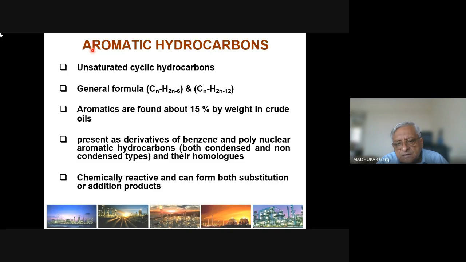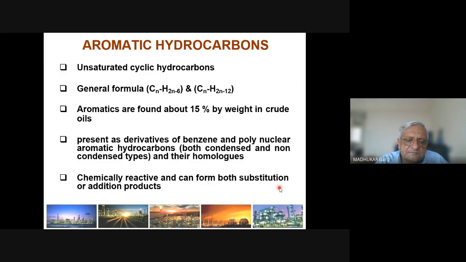Polyester, as you know, is used in PET bottles and in garments, and in fact it has helped reduce the consumption of cotton to a very large extent, and give affordable clothing to poor people.